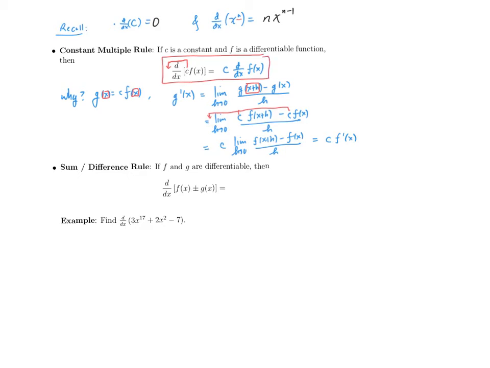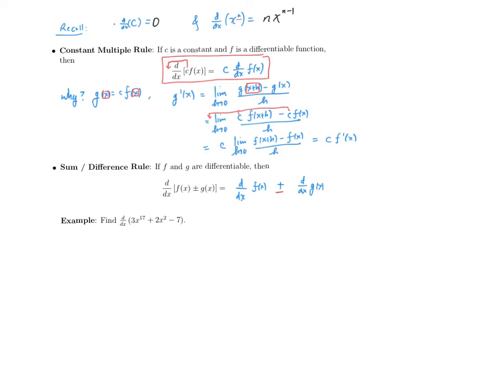We also have what we might think of as a sum difference rule. For now, the differentiation formulas are working out in a very similar fashion to the limit laws, and they're matching up with our intuition. We can pull out constants, and it turns out that you can also break up the derivative over a sum, and just as easily over a difference.